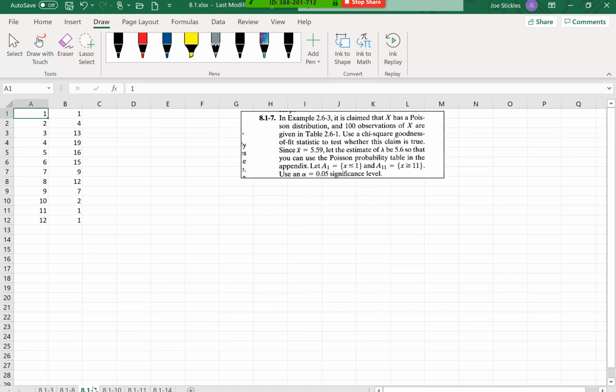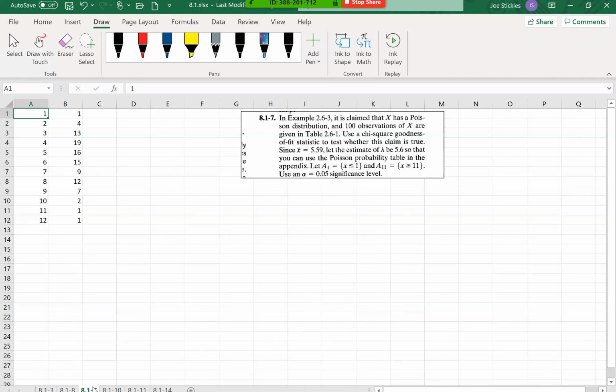Now, in general, if you're doing these problems, you're not going to be given a specific parameter to fit it to. You're going to try to guess the parameter based on the estimators that we've done in the past. If we're going to estimate a Poisson parameter, the Poisson parameter is lambda.